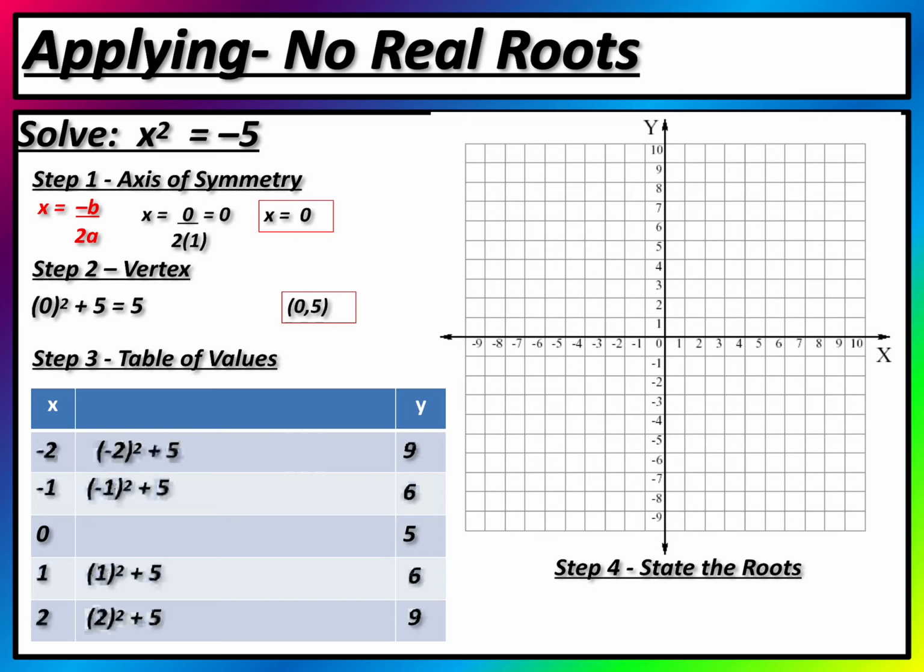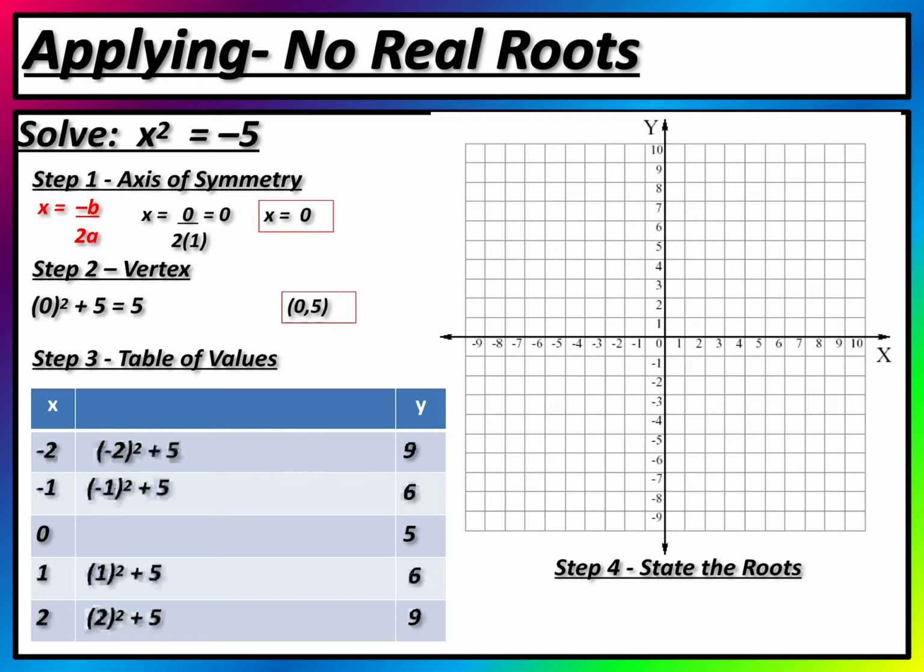Now, if you noticed in the last 2 examples, the zeros, or the roots, happened at the x values where they had 0 in the y of the ordered pair. I'm looking at this table, and this table doesn't have any zeros for the y values.